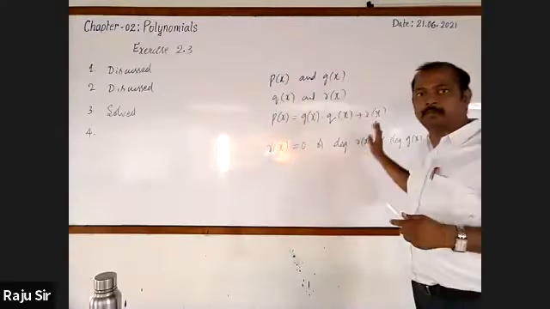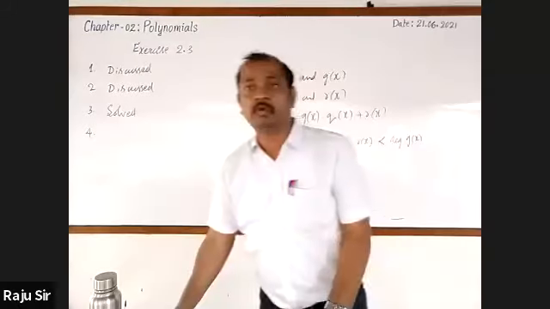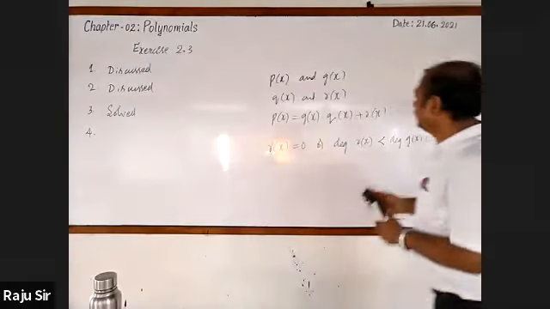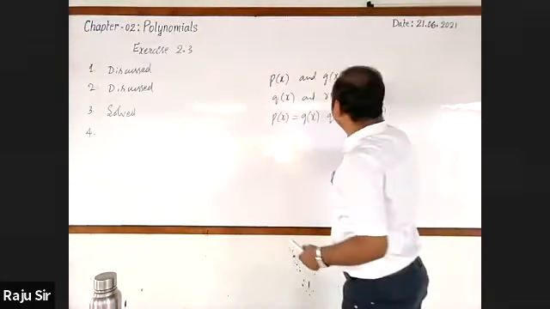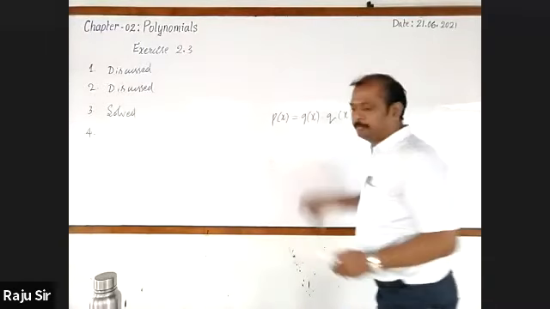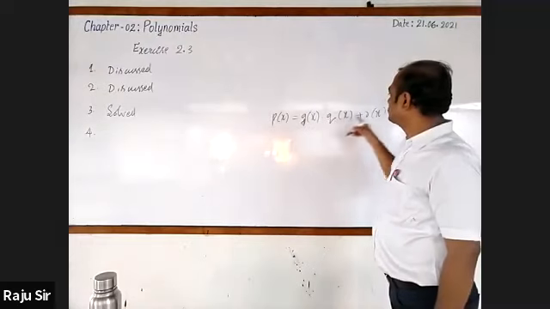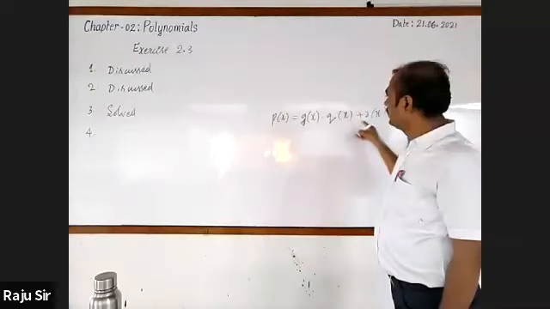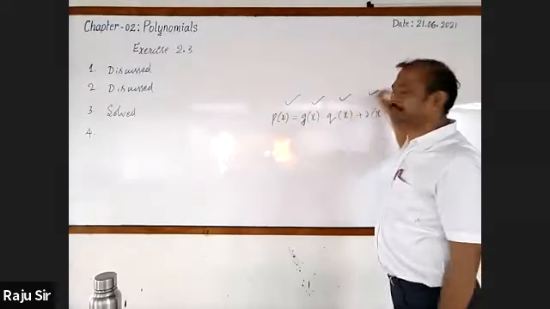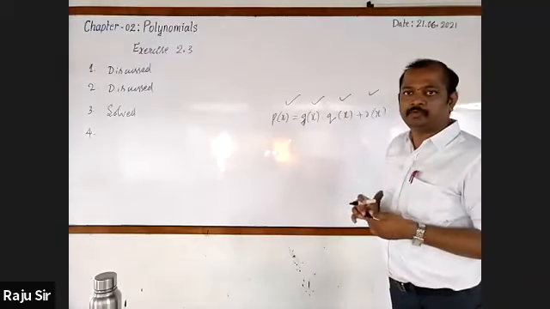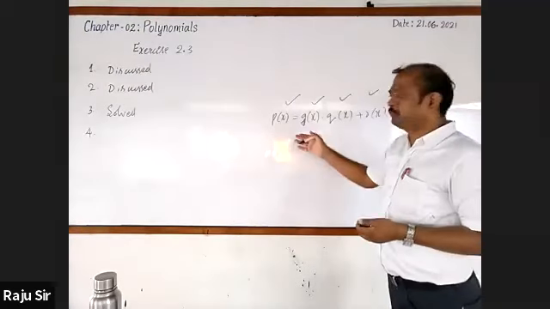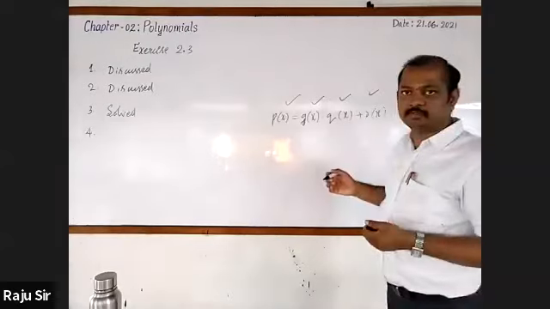Complete statement, then only we can allot full marks. Okay, in this, I go for taking this statement. P of x is equal to g of x into q of x plus r of x. Here 4 terms are there. You can find out one term when you know any 3 terms.